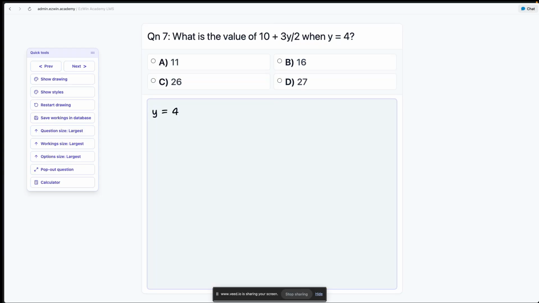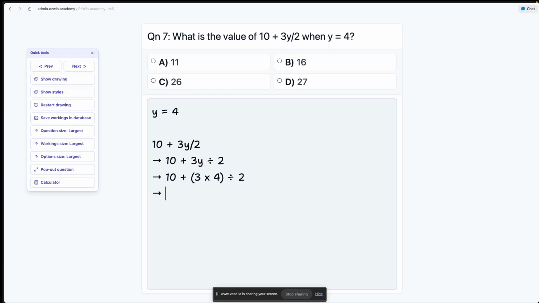So that means the equation 10 plus 3y out of 2 is the same as 10 plus 3y divided by 2. So what we can do is we can just swap the y with 4. So what that means is it's just 10 plus, usually you just need to bracket this, 3 times 4, and then you divide it by 2.